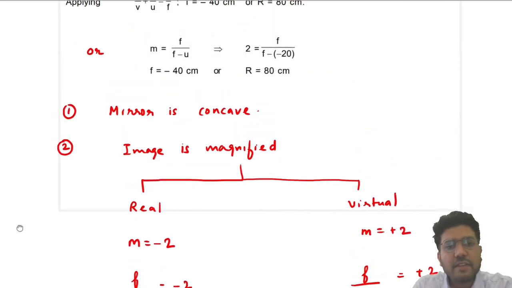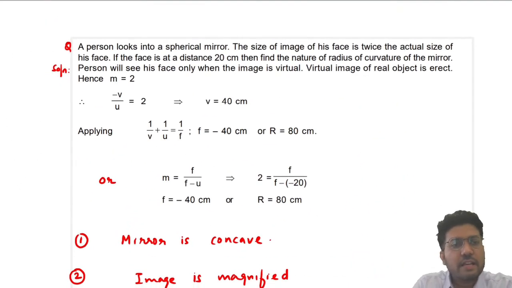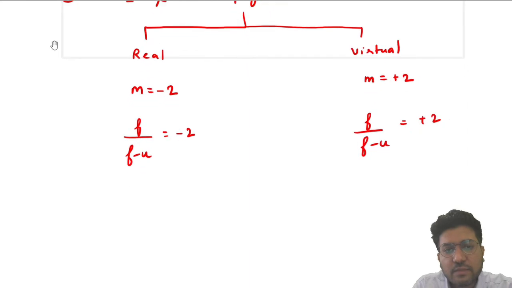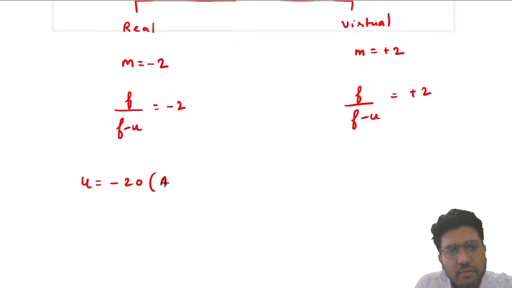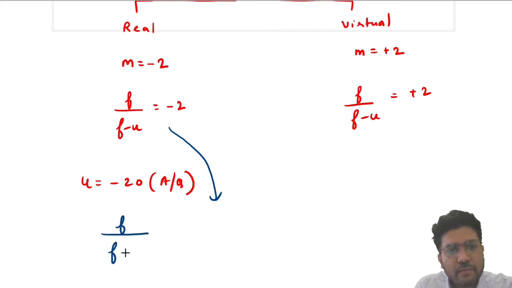Now what they have given in this question is that the face is at a distance of 20 centimeter. That means u is equal to minus 20 according to the question. So I'll first use this relation and I will get f by f minus minus 20 is equal to minus 2.